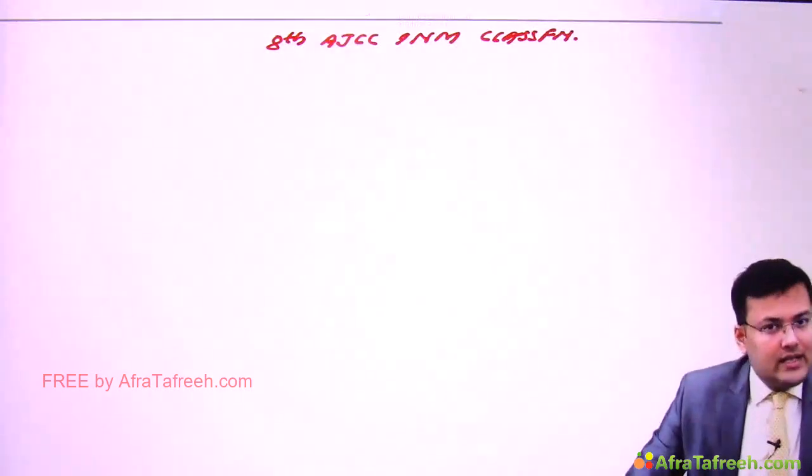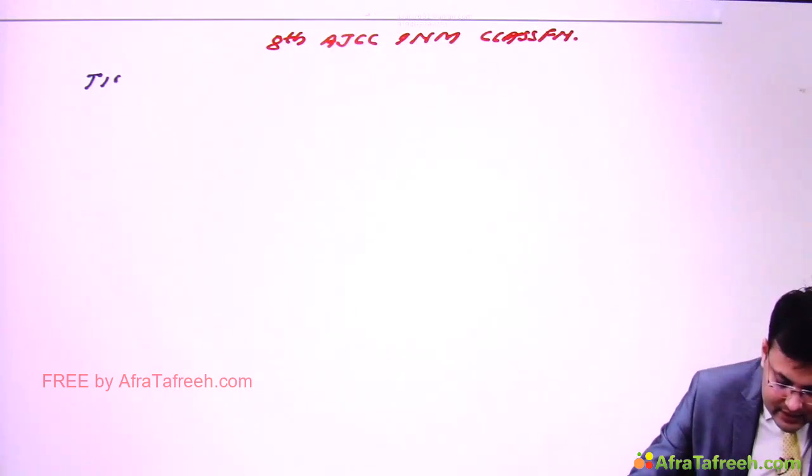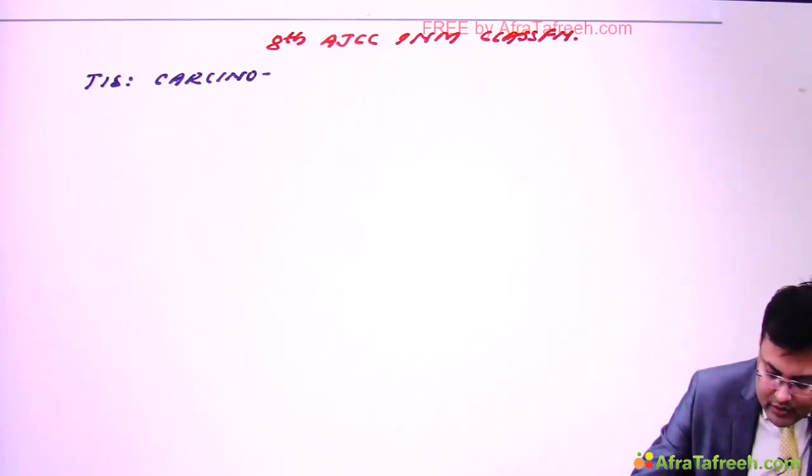Now see the 8th AJCC TNM classification of carcinoma anal canal. First is TIS, also known as carcinoma in situ. Carcinoma in situ in anal canal is known as Bowen's disease.